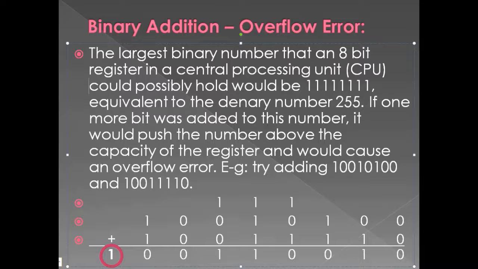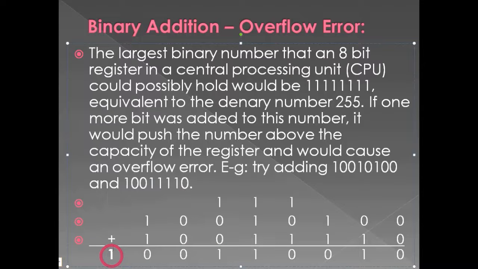For example, try adding 10010100 and 10011110. This is the first number and this is the second number. 0 plus 0 is 0, 0 plus 1 is 1, 1 plus 1 is 10, 1 is carried, 1 plus 1 is 10, 1 is carried, and so on. Finally 1 plus 1 is 10, 0 is here and 1 would be carried over here.